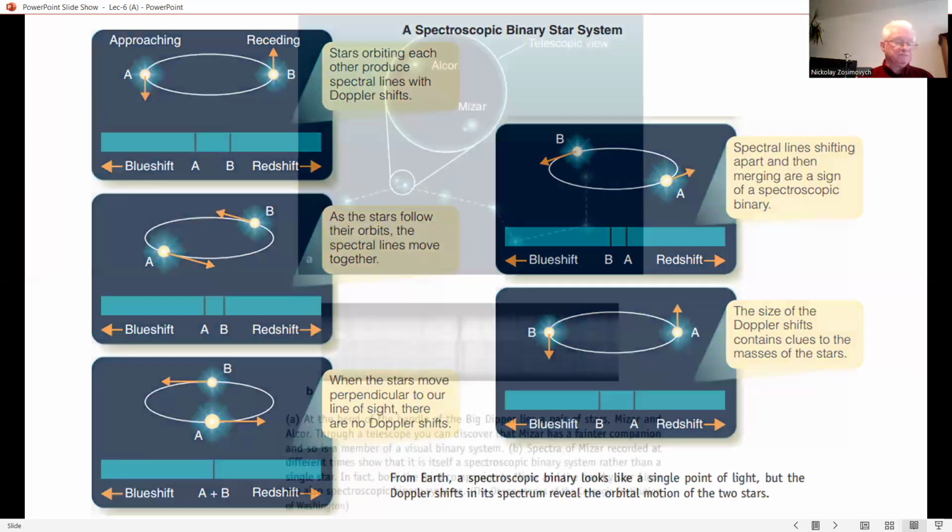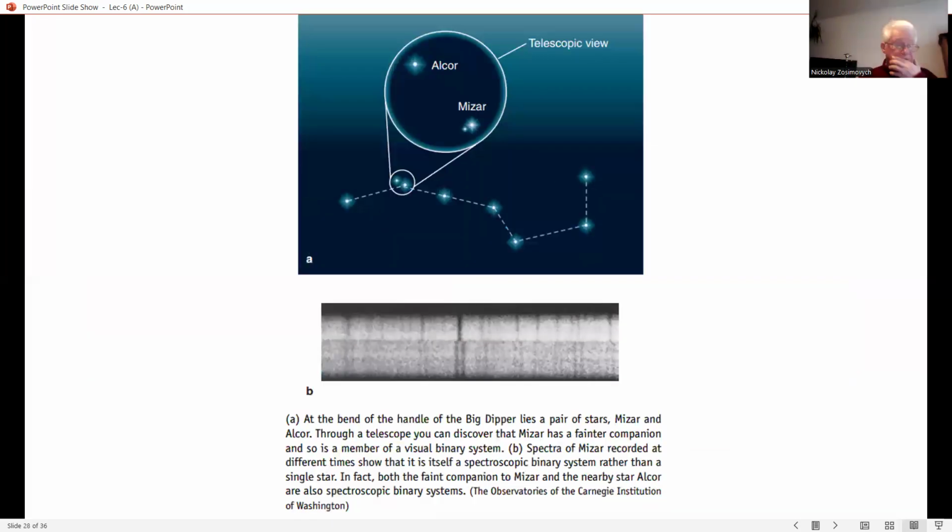At first glance, it seems that it should be easy to find the masses of the stars in a spectroscopic binary. You can find the orbital period by waiting to see how long it takes for the spectral lines to return to their starting points. You can measure the size of the Doppler shifts to find the orbital velocities of the two stars.